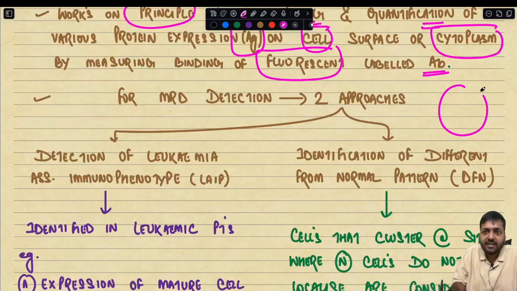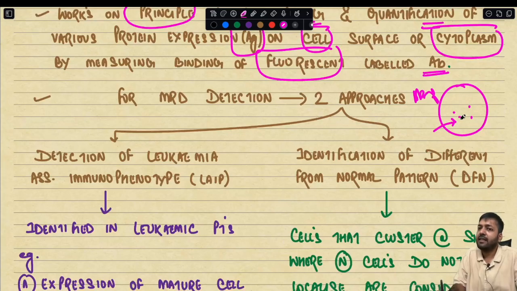Okay, so this is the cell. Some antigens are present on the cell surface, so some antibodies are going to go and detect them, and some antigens are present within the cytoplasm, so they will go and detect within the cytoplasm. Either they can be nuclear antigens or they can be cytoplasmic antigens.